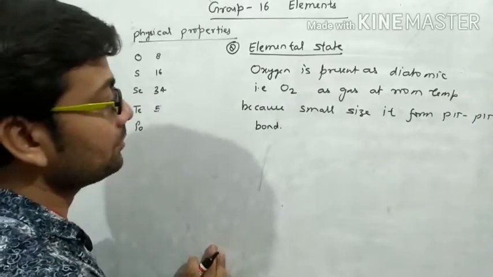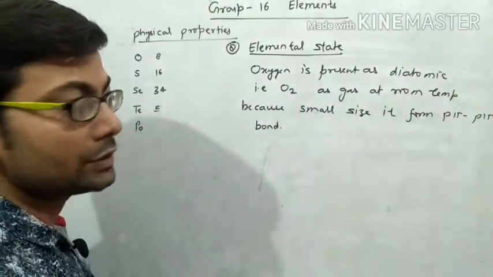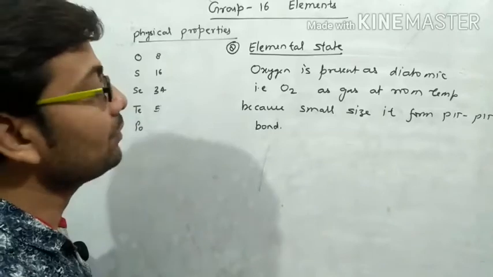That's why oxygen is present as a gas at room temperature, due to formation of p-pi bond.